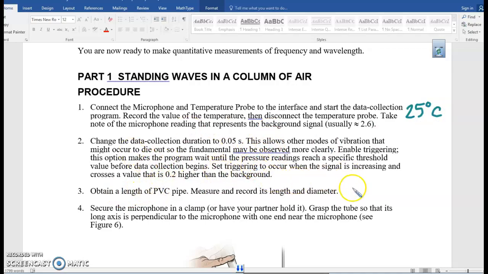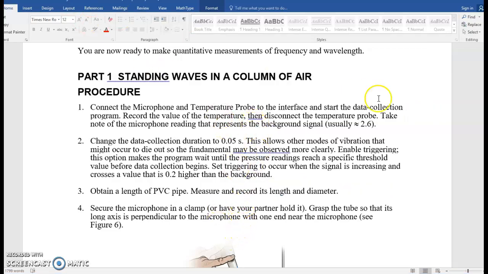We're going to get a PVC pipe, and the pipe length is going to be 0.40 meters, and its diameter is going to be 0.022 meters.